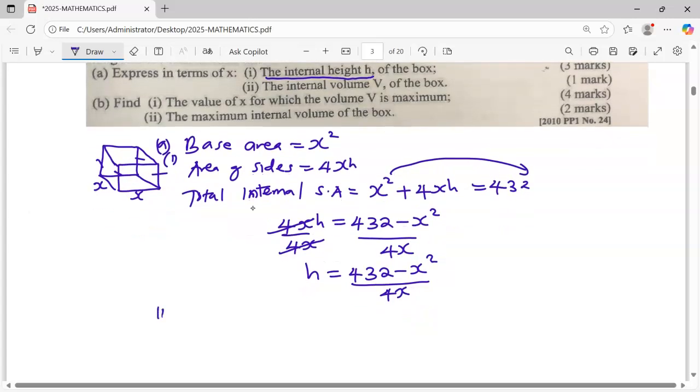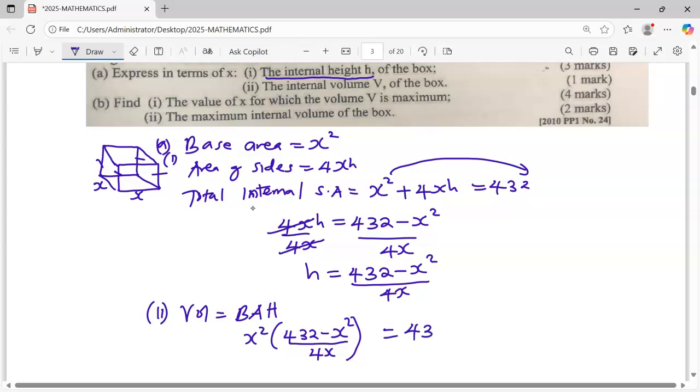We are now going to Roman 2 of the question that requires us to find the internal volume. Remember, volume is given by the base area times the height, and the base area is x squared. We multiply by the height, which is 432 minus x squared, divided by 4x. This is going to give us x squared times 432, which is 432x squared.